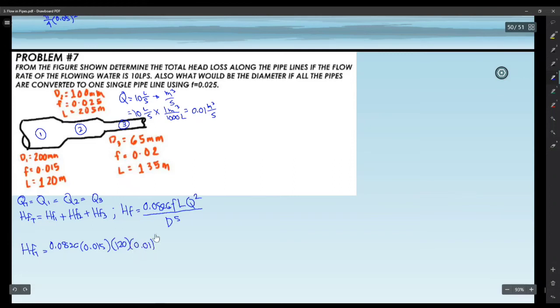So we substitute here: 0.01 squared all over D. The given diameter is 200 mm, so let's convert it to meters: divide by 1,000, or 0.2 raised to 5.